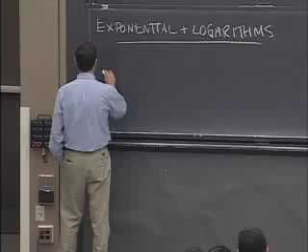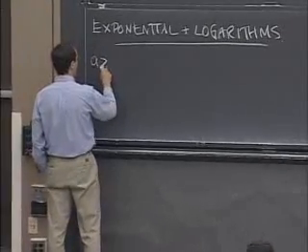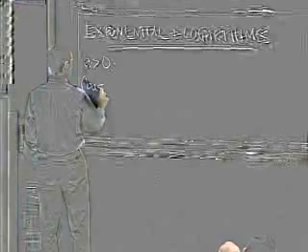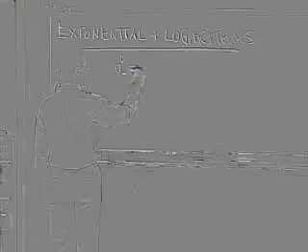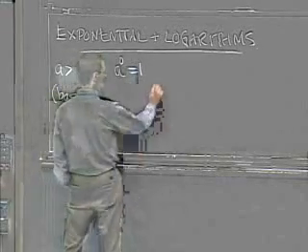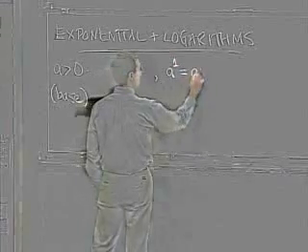So first of all, we'll start out with a number a, which is positive, which is usually called a base. And then we have these properties that a to the power 0 is 1. That's how we get started. And a to the power 1 is a.